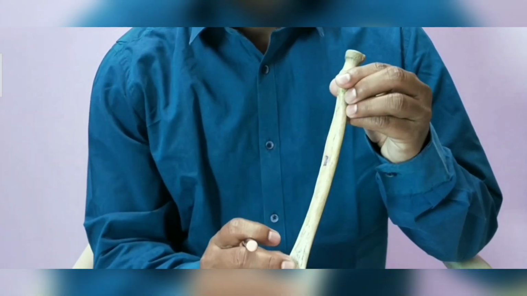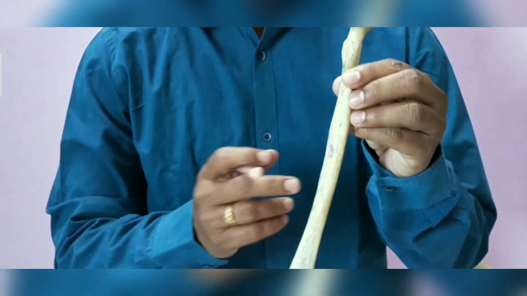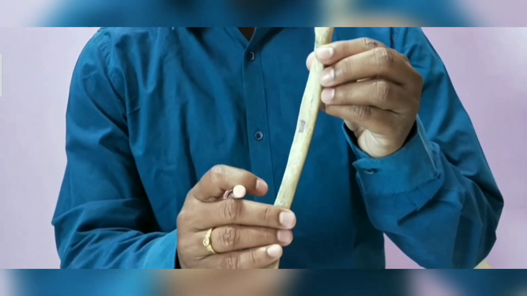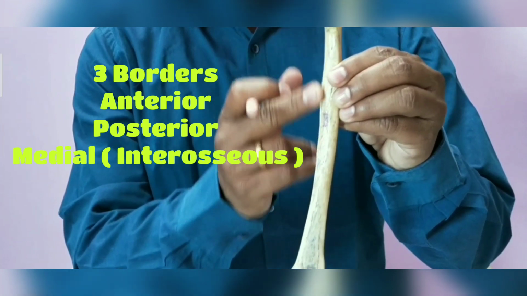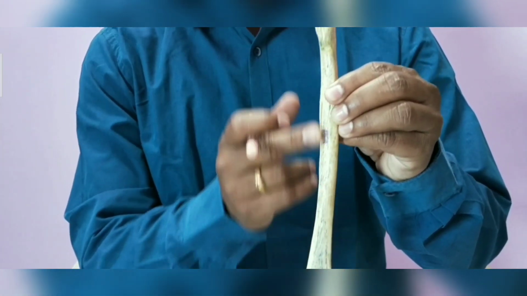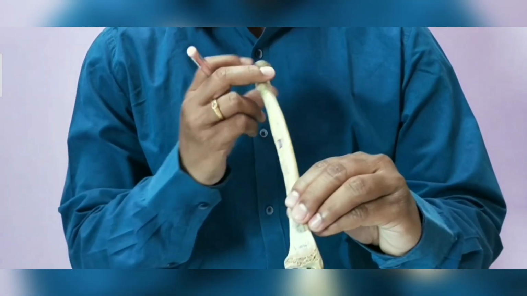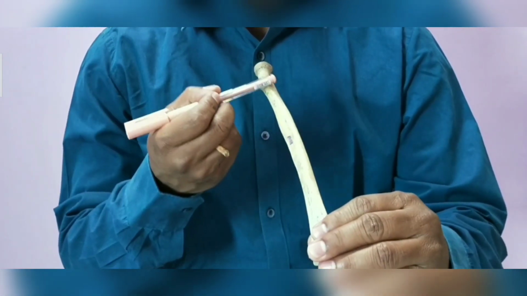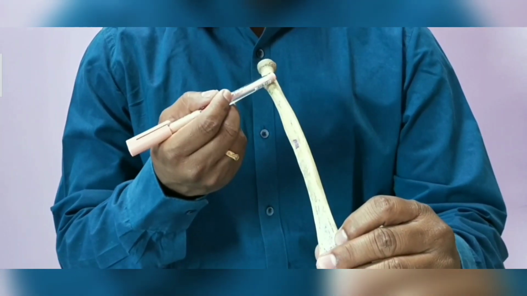Now, the shaft or middle part has three borders and three surfaces. First, the three borders. This is the medial border. It is one of the sharpest of all three. This is the anterior border, having an oblique line on the upper part.